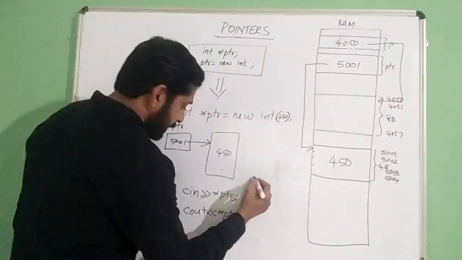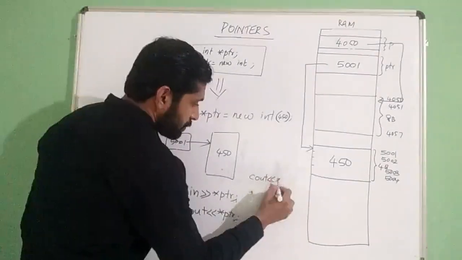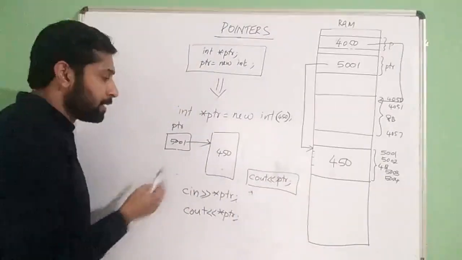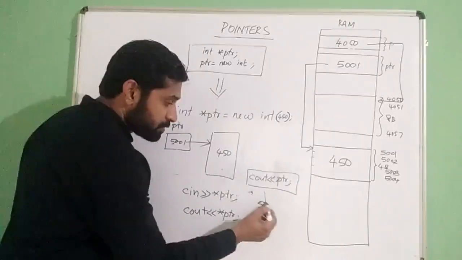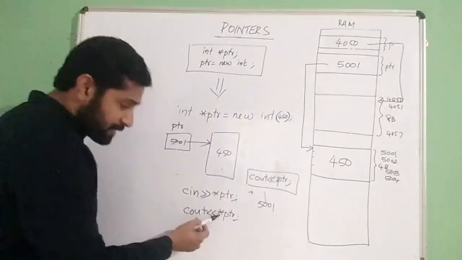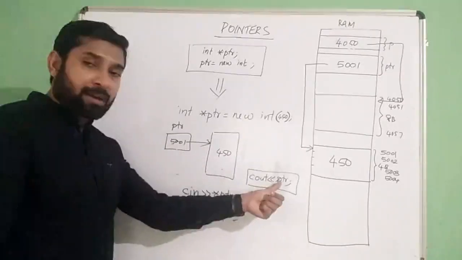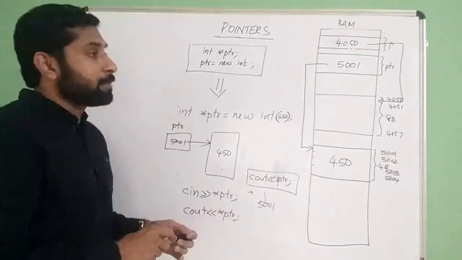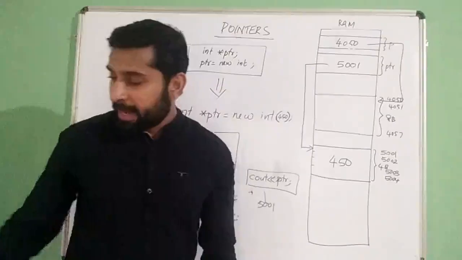And what happens if we write cout ptr, just ptr? ptr's content is 5001, so the output will be 5001. So star ptr gives the value at 5001, and ptr gives the address. So in this way, we can allocate memory in dynamic fashion.